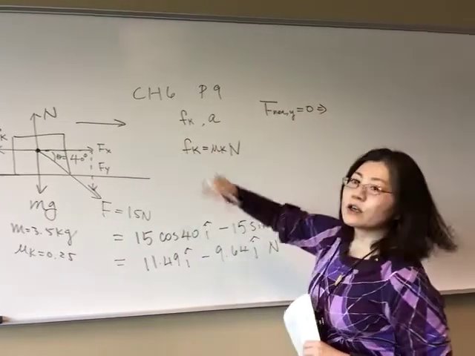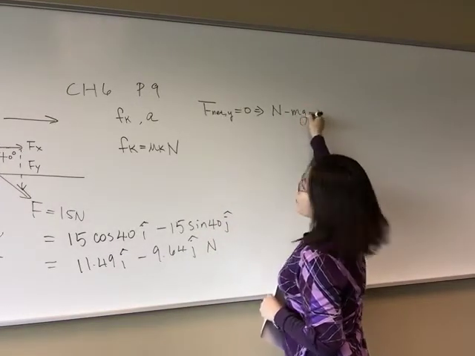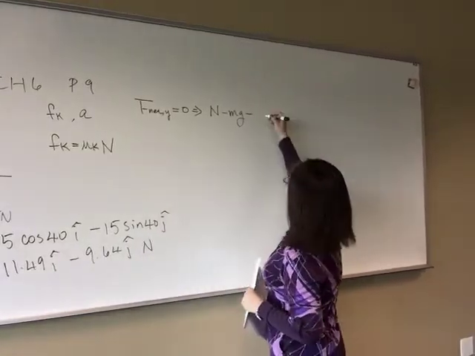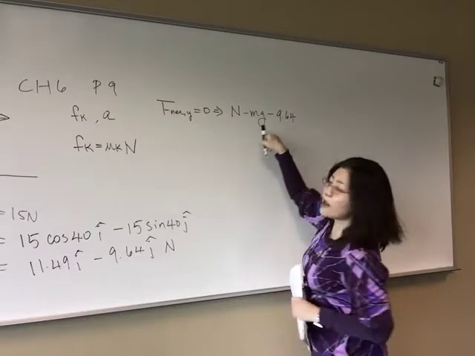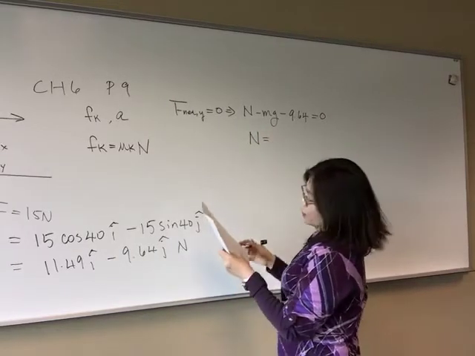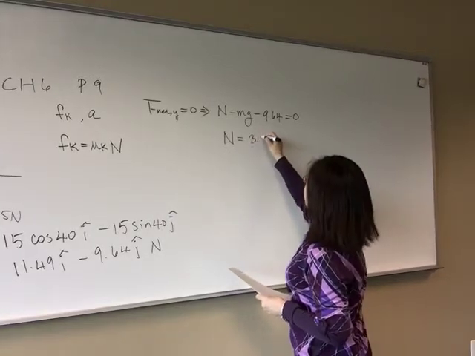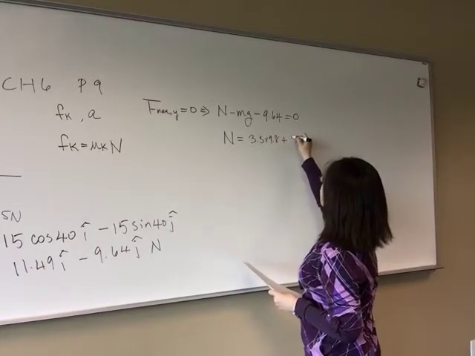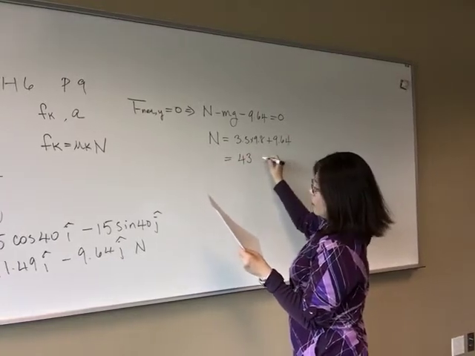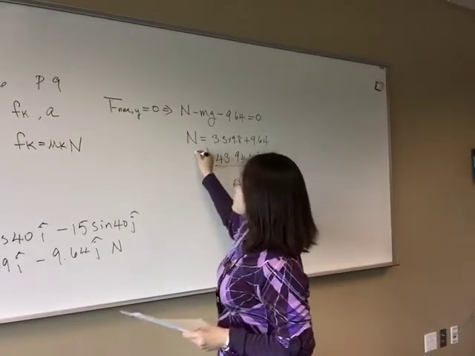This equation tells you that the upward normal force plus the negative downward gravitational force, plus the negative 9.64, which is the Fy, is equal to 0. From there, we can calculate the magnitude of our normal force. It is 3.5 times 9.8, plus 9.64, so your normal force should have a magnitude of 43.94 Newton.